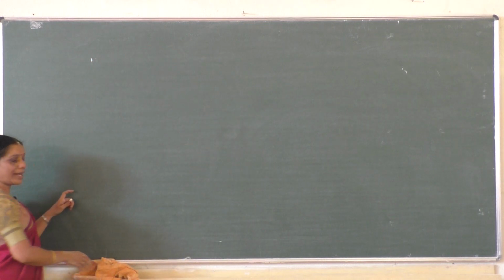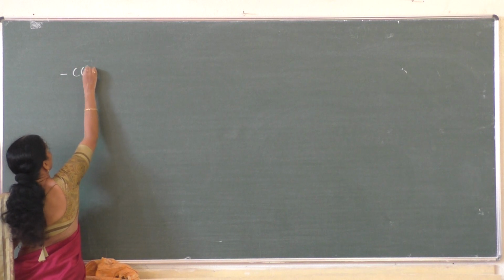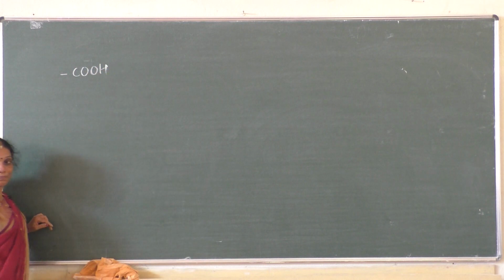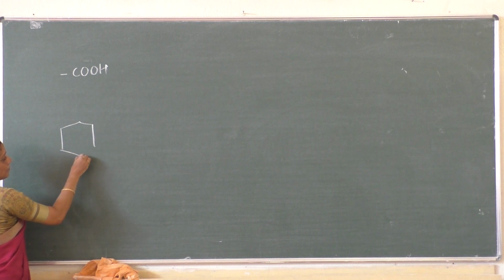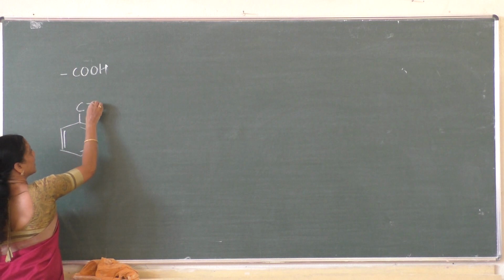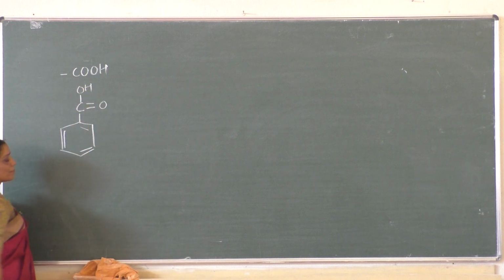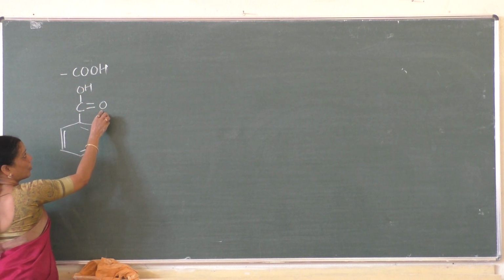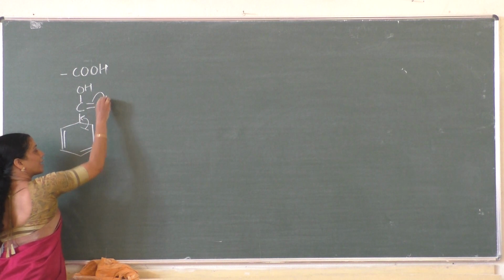Along with this, you write another homework question. The minus R effect in carboxylic acid group. Okay, carboxylic acid means here C double bond O and another bond here is with the OH. Again similar to the benzaldehyde only, highly polar, shift takes place here, one more shift like this.